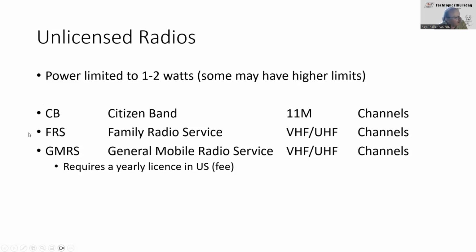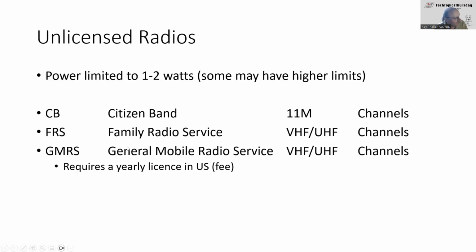And then you have your FRS service. These are your typical walkie-talkies that you can buy, like at Canadian Tire. And this is family radio service. They operate at VHF and UHF. And again, they're divided into channels. And then you have GMRS, which is your general mobile radio service, VHF, UHF channels.